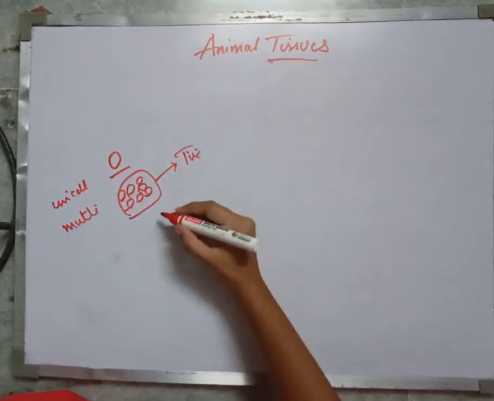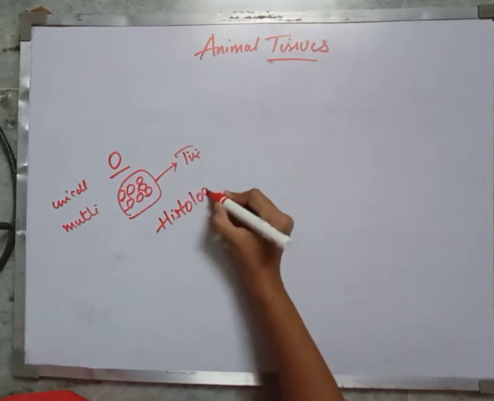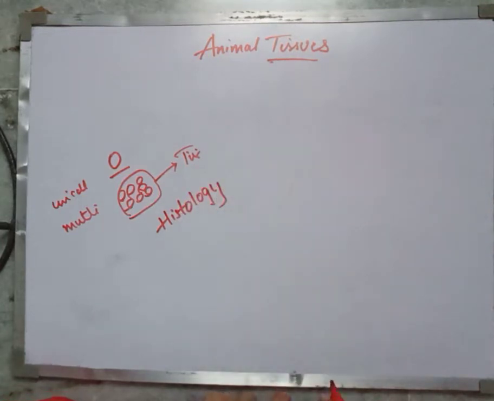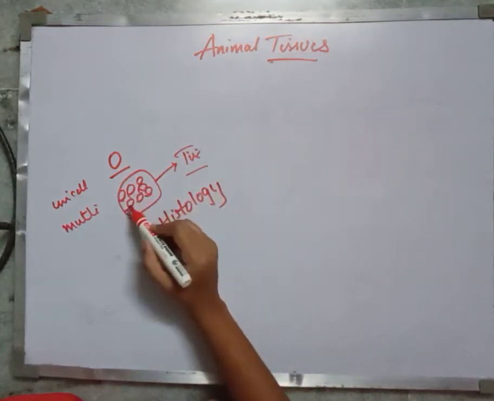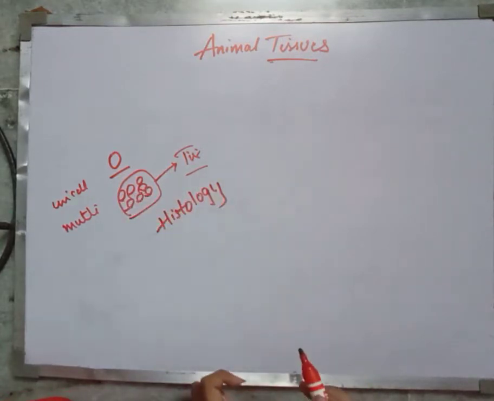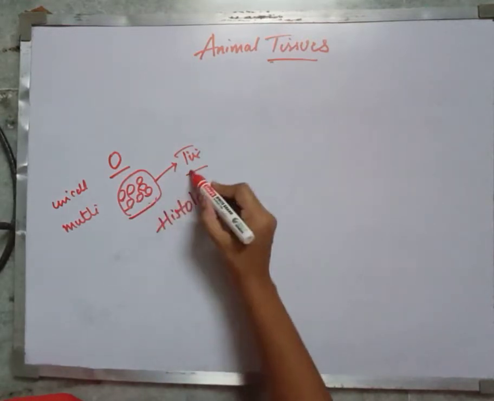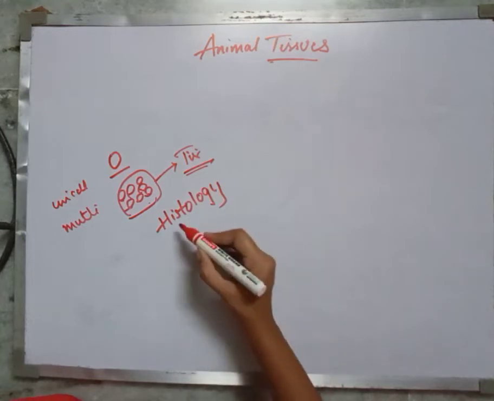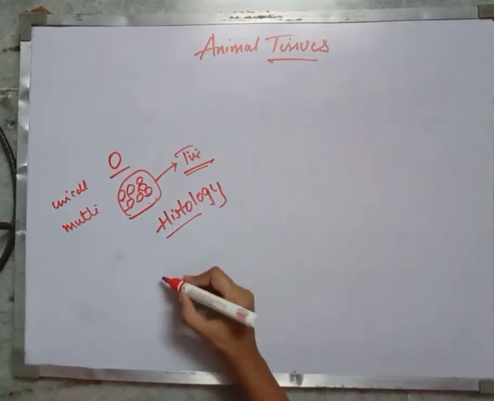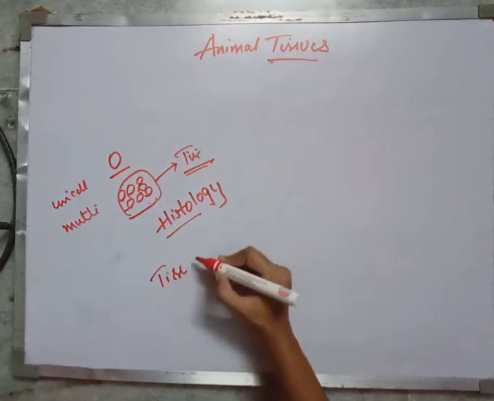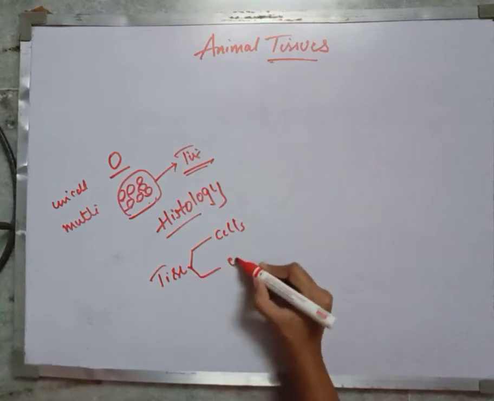The study of tissues is called histology. The cells in a tissue are similar in size and similar in function, and together they form a tissue. A tissue contains cells and the external matrix.